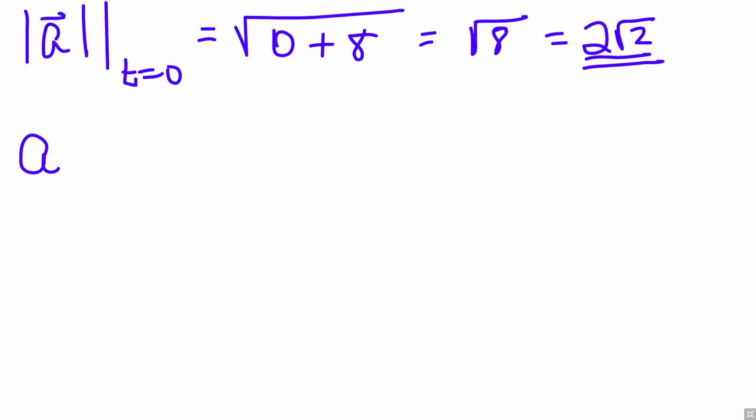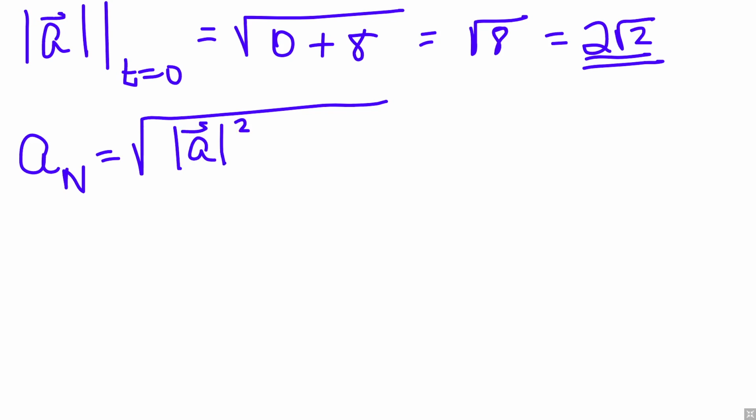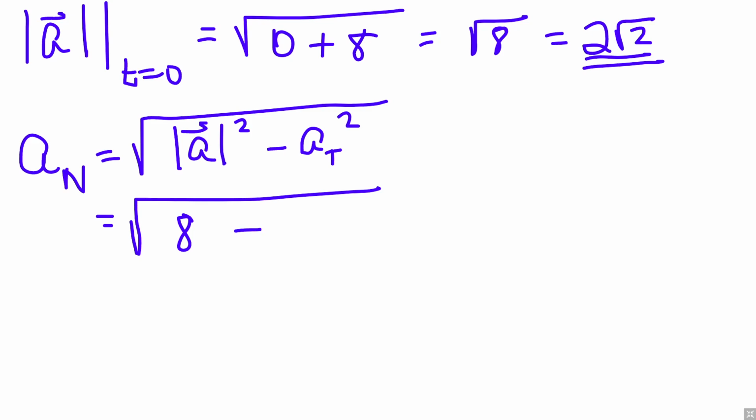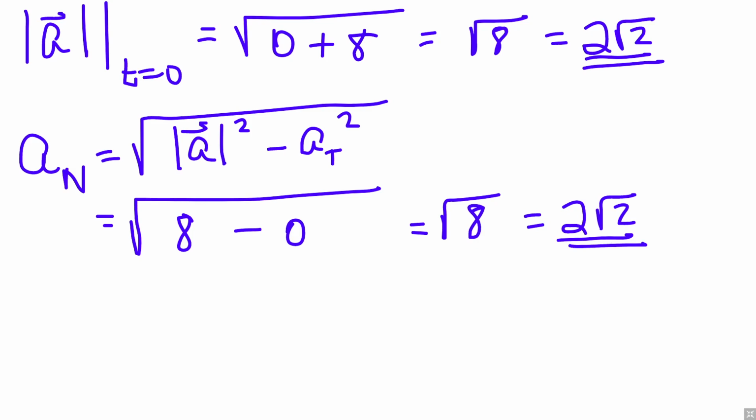So a sub n is going to be the square root of the acceleration vector magnitude squared minus a sub t squared. If we square the magnitude of the acceleration vector, we just get 8. Minus, we found that a sub t was 0. So we have the square root of 8, which is 2 times the square root of 2. So there's our a sub n.